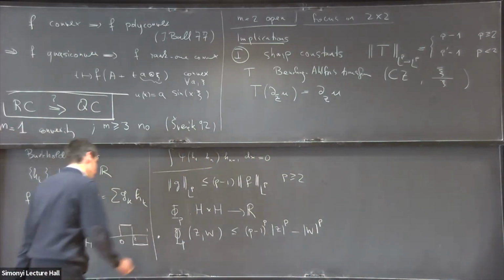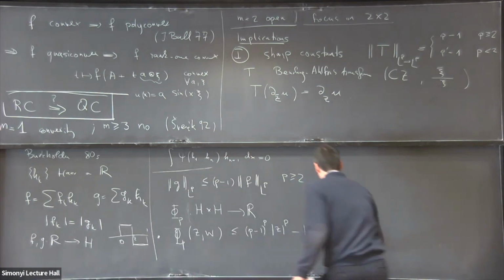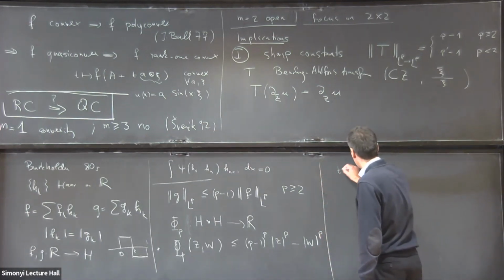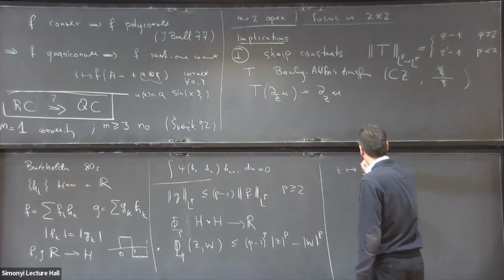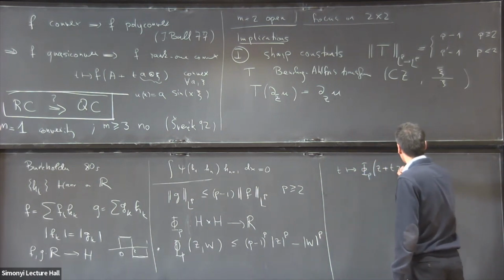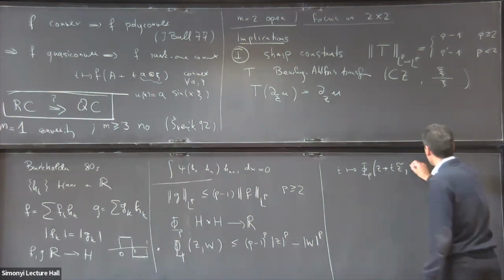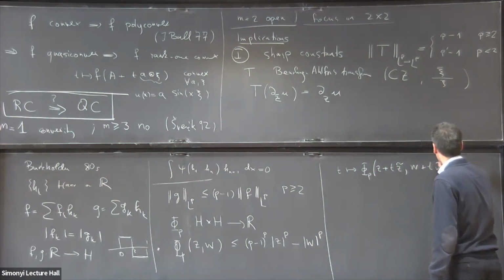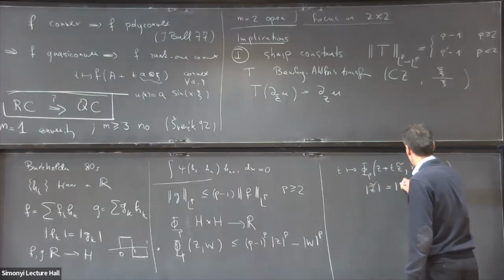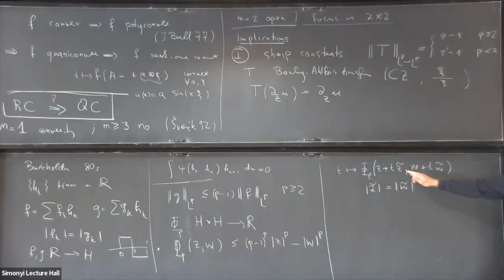And the second property is that it has a certain convexity property. If I restrict this function to a line where the modulus of z is the same as the modulus of w tilde, then this is convex.